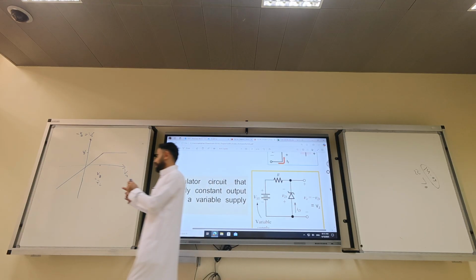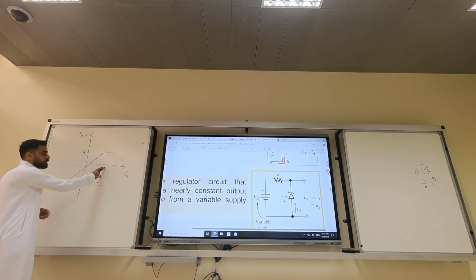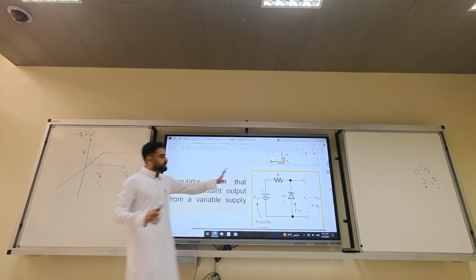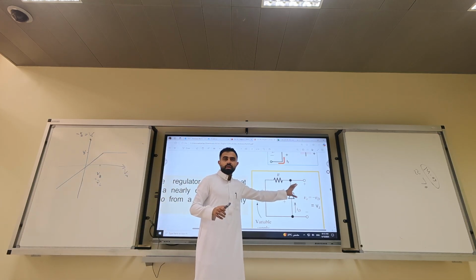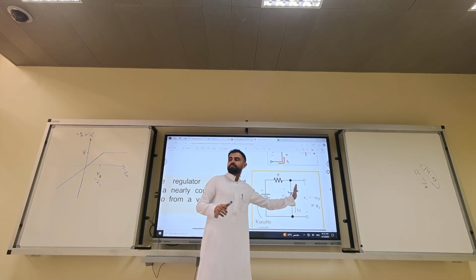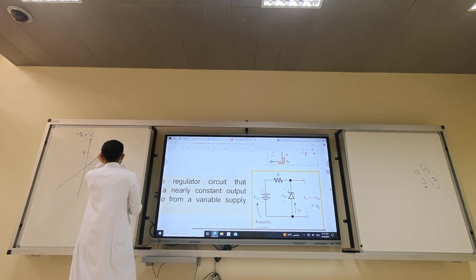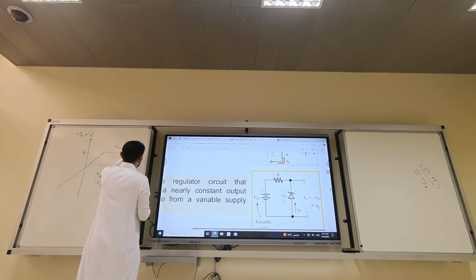So if you apply 2 or 3 or 4 or 5 or 20, as long as it's above VZ, the output will be fixed, VZ. Here we have regulation, which is equal to the diode on as a battery of VZ.